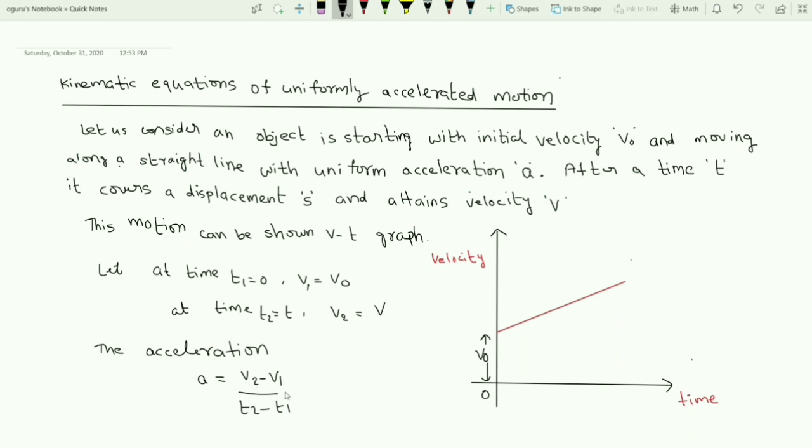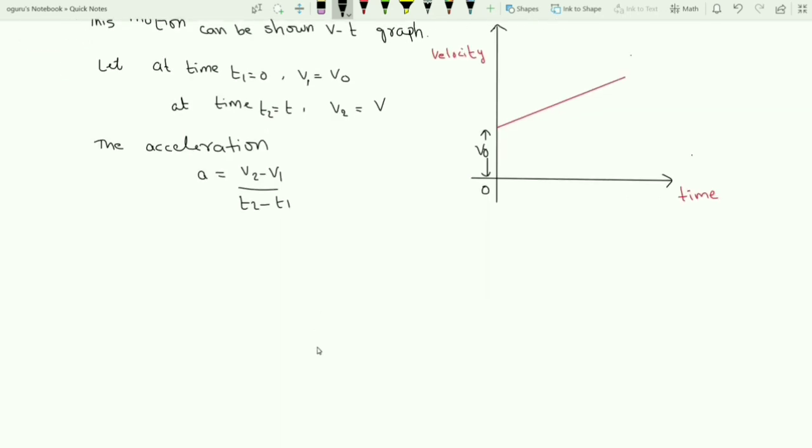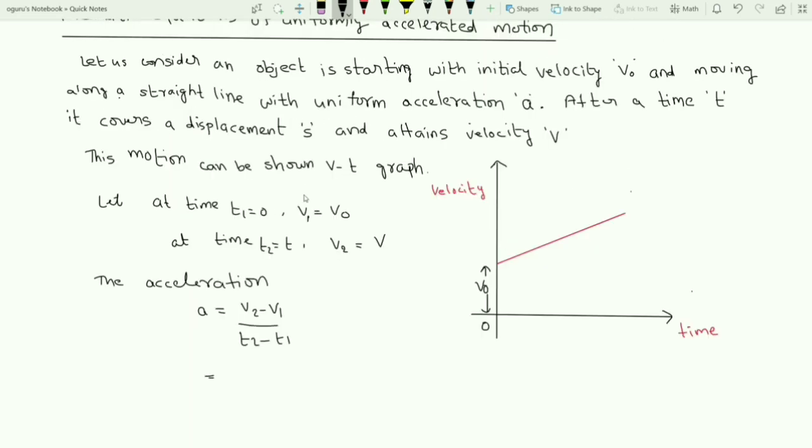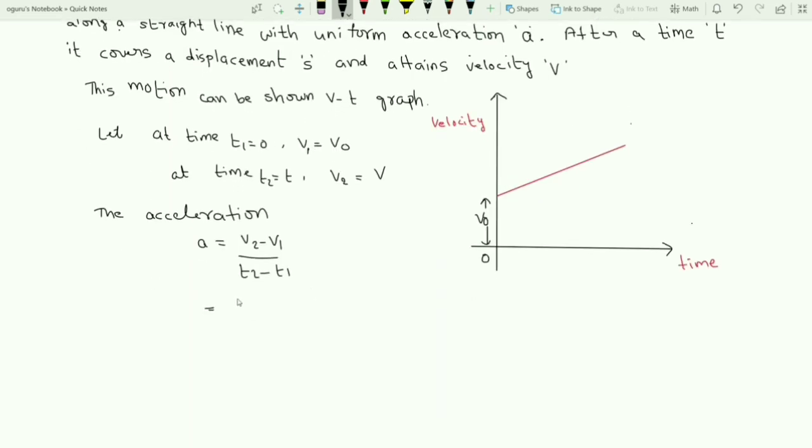Now v2 is the final velocity v, v1 is the initial velocity v0, t2 is t and t1 is 0. Then a is equal to v minus v0 over t minus 0, which is t.